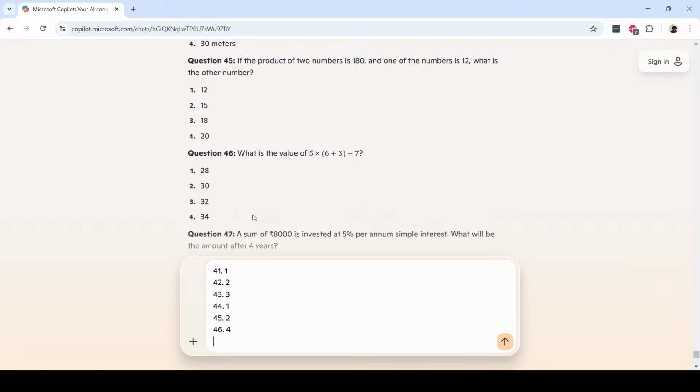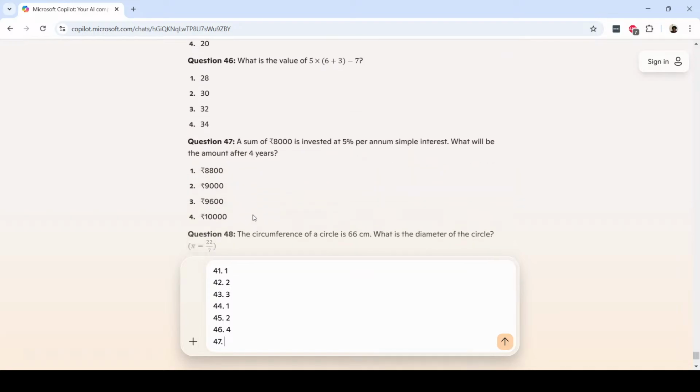Again, nearby the answer. A sum of 8,000 rupees is invested at 5% per annum simple interest, amount after 4 years? So 5% means 400 rupees, and 4 years means 9,600.